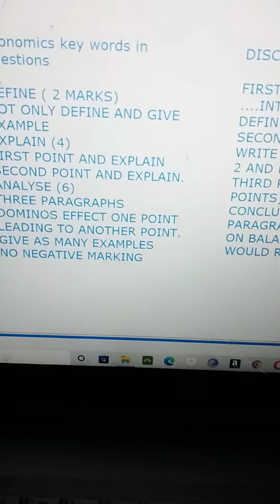Mobility of factors of production, this is very important and this needs a lot of revision also. There are 2 types of mobilities, geographical mobility and occupational mobility. Geographical mobility means the ease with which any factor of production can be shifted from one region to another region.